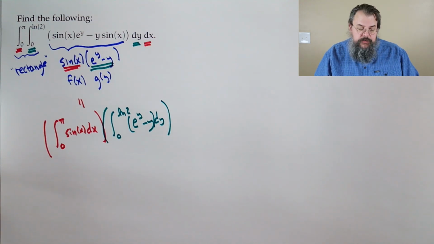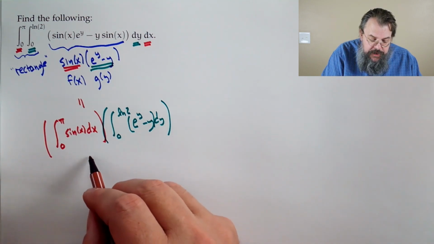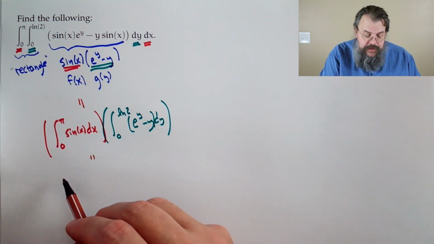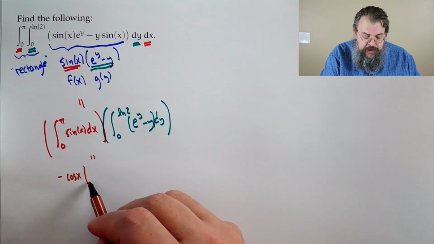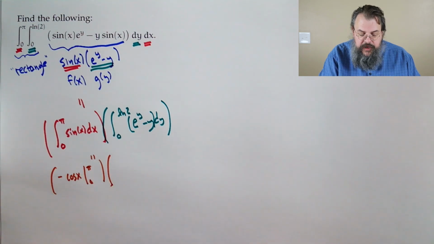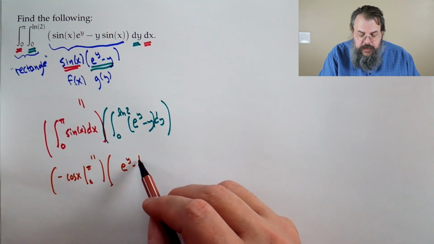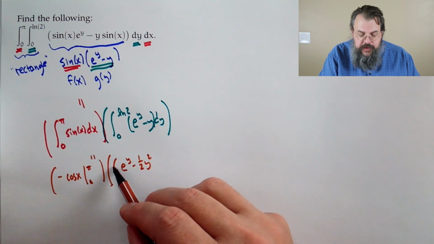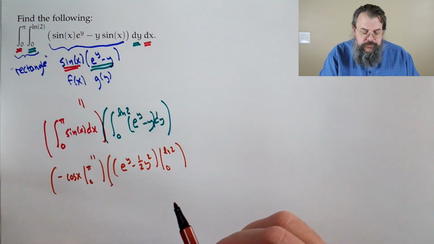So, what can we do now? Well, the answer is just do the integrals. So we get the following. Integral of sine is negative cosine, evaluated from 0 to pi. It's just a single variable integral. Integral of e to the y minus y is e to the y minus a half y squared, evaluated from 0 to log 2.